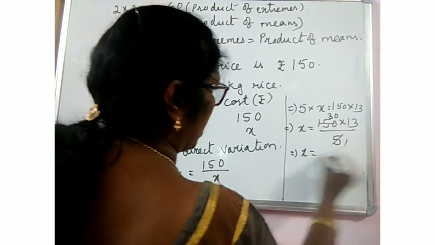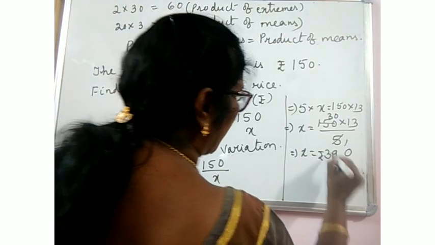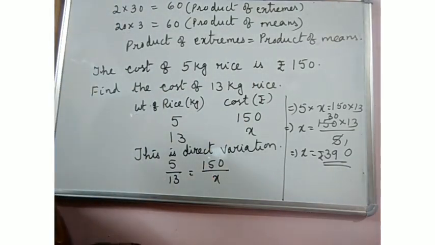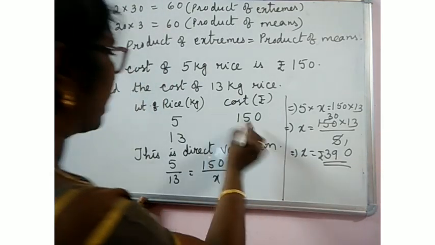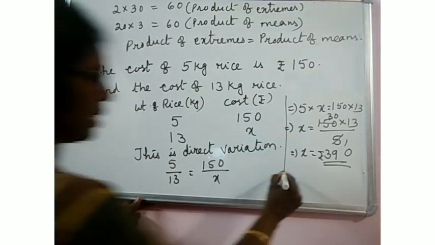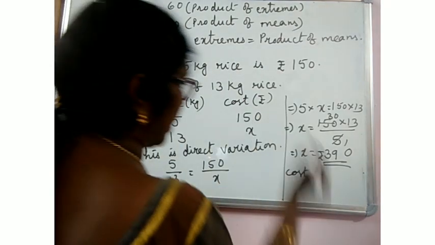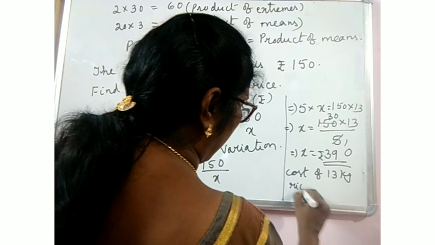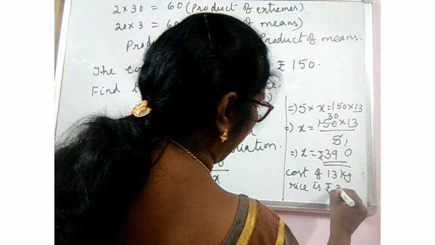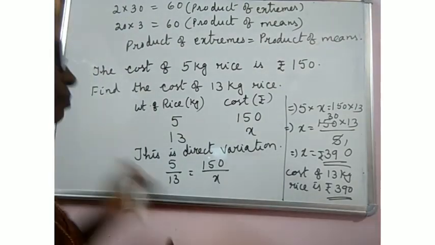That means x is equal to 13 zeros are 0, 13 3s are 39, so 390 rupees. So what is x? The cost of 13 kg rice. We took 13 kg rice as x. The cost of 13 kg rice is 390 rupees. This is the easy way to do.